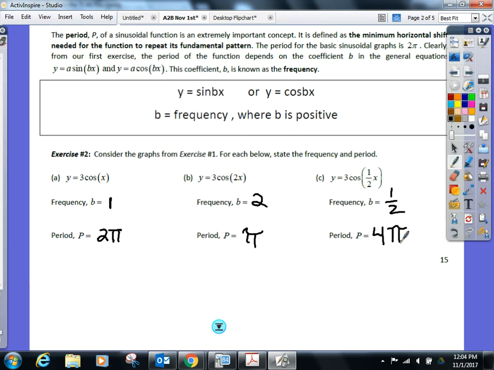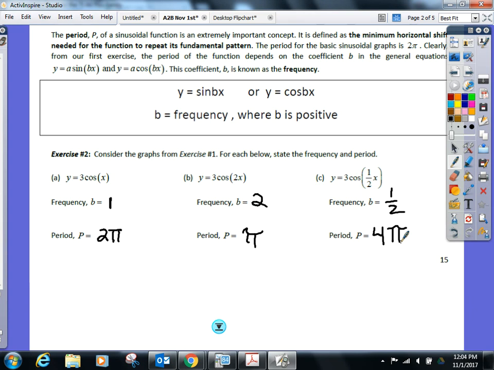Are we okay? All right. There is a formula to find period. I'm not going to give it to you right away, but I want you to see a relationship between frequency and period. Do you see the smaller the frequency gets, what do you notice about the period? As I went from 2 to 1 to 1/2, it got larger.